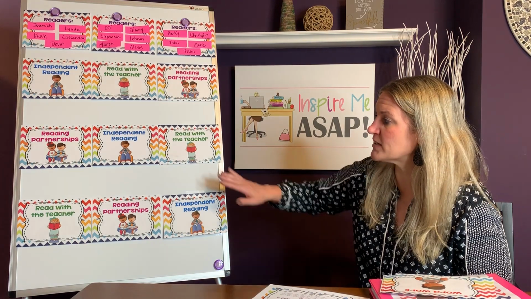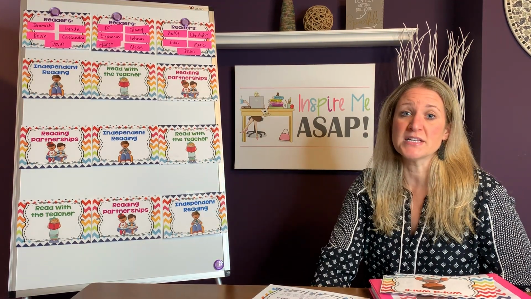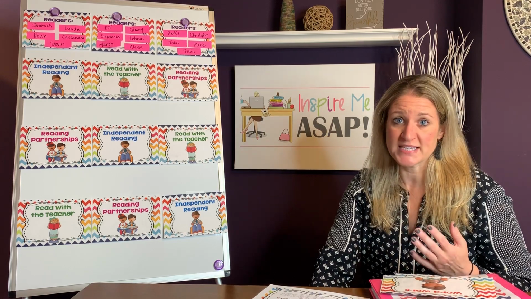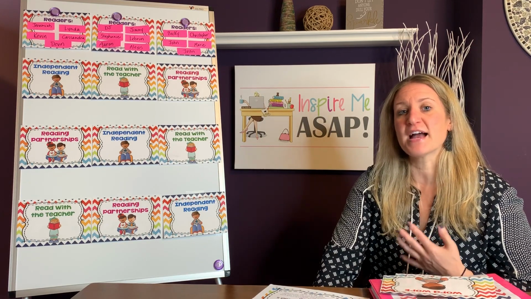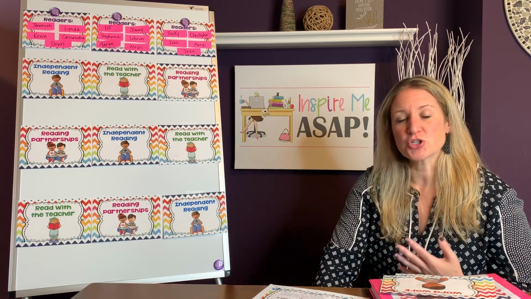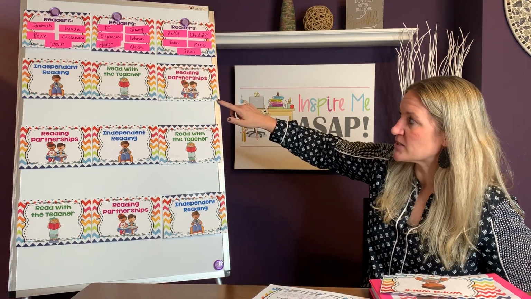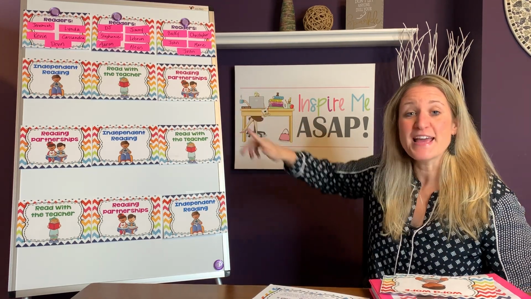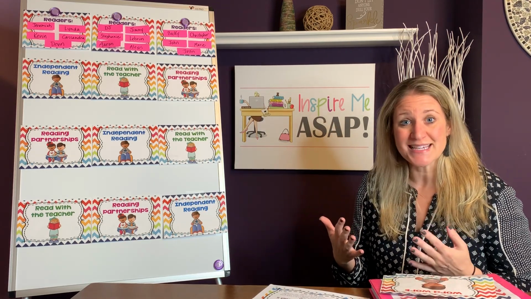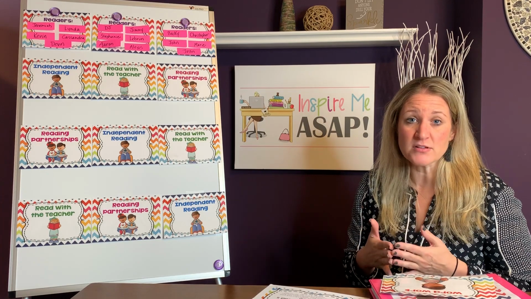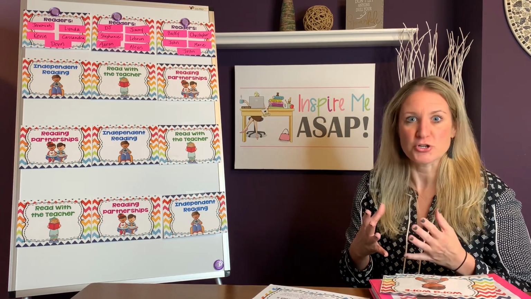Another way that you might want to look at the read with the teacher block of time is if you have a group of students who meet with a reading interventionist at your school, or they meet with a reading teacher at their school to provide some additional reading support. Another rotation that I have in my classroom is reading partnerships. And simply put, reading partnerships is when 2 students at similar reading levels are put together for a long-term partnership.